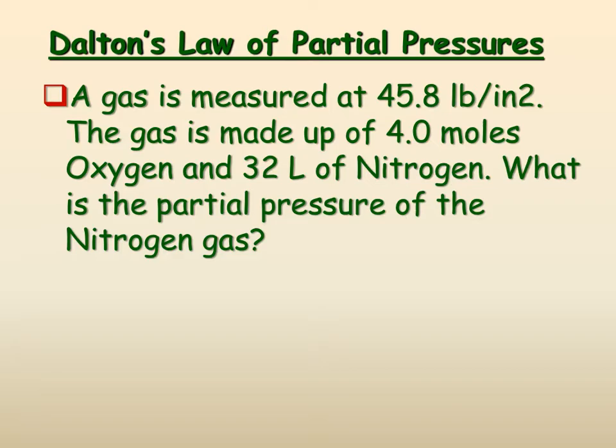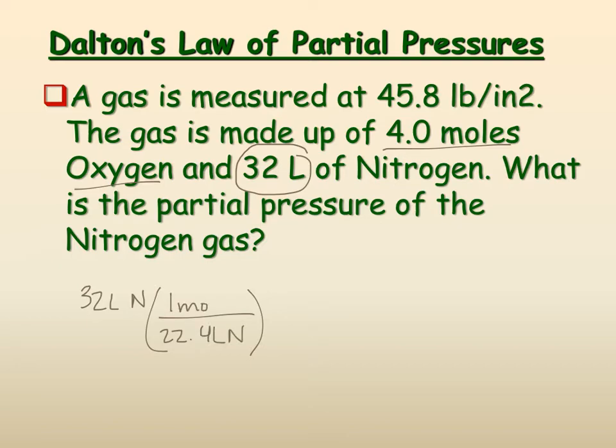Oxygen's given to me. I know I have 4 moles of oxygen, but for nitrogen I am given a volume, which I now know how to convert to moles. So if it's 32 liters of nitrogen, there's 22.4 liters of nitrogen in 1 mole. Nitrogen would be diatomic, but again, that doesn't matter.